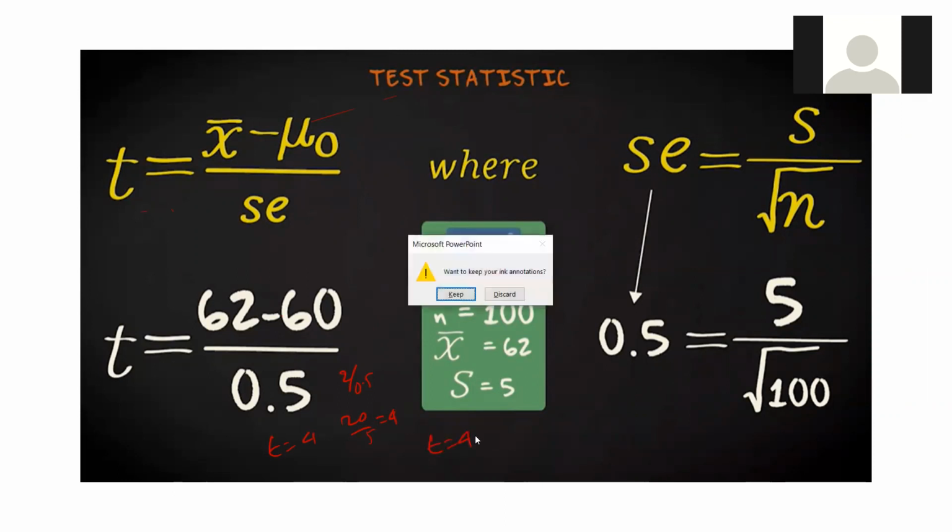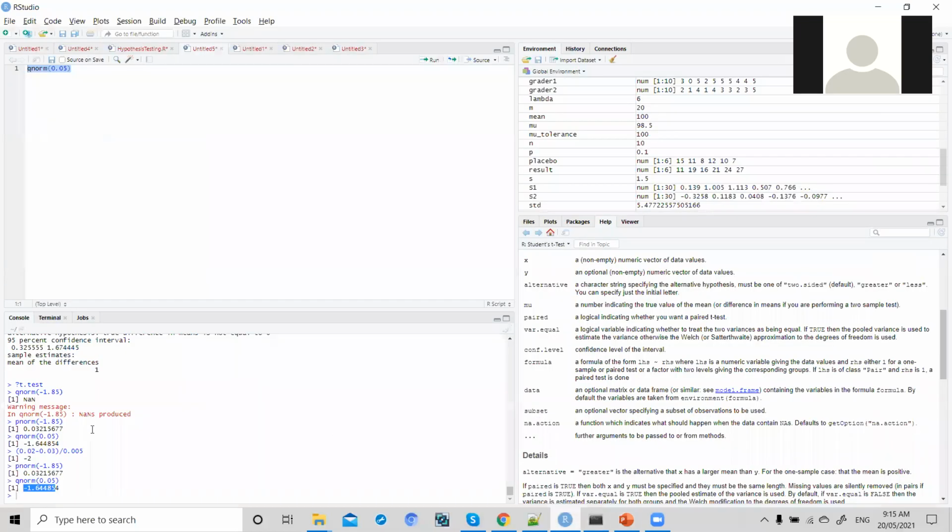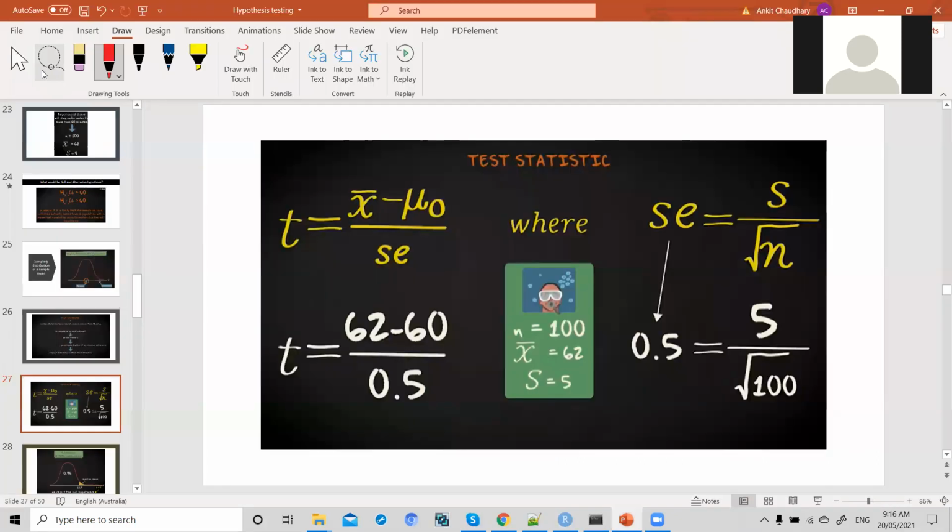So in R, for t equals 4, we need to use pt to calculate the probability of the t score. We use pt of 4. And we also need to give my sample size, the degree of freedom.